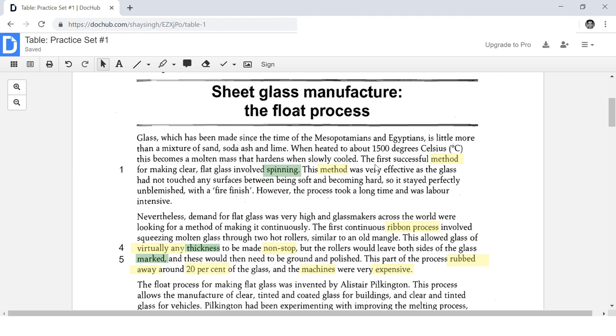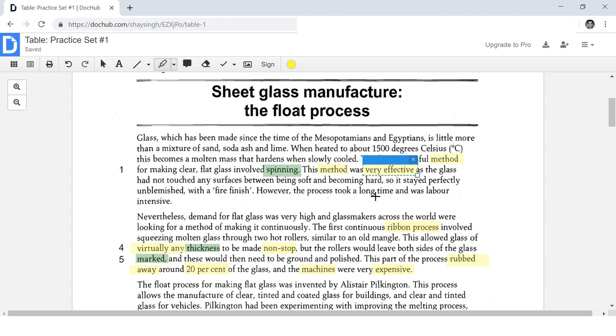The first successful method for making clear flat glass involved spinning. This method was very effective. All right, now we have the phrase very effective, and that is synonym language for an advantage. So this method was very effective as the glass had not touched any surfaces between being soft and becoming hard, so it stayed perfectly unblemished with a fire finish.